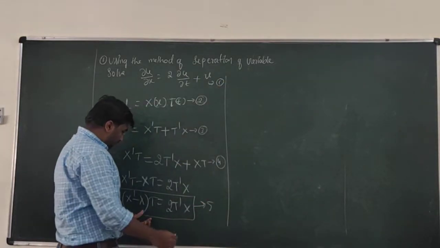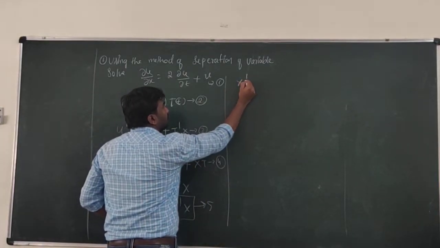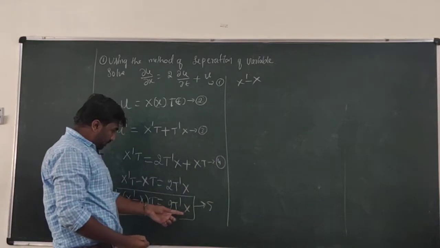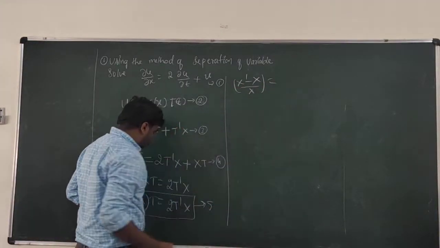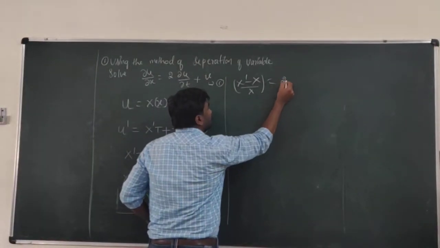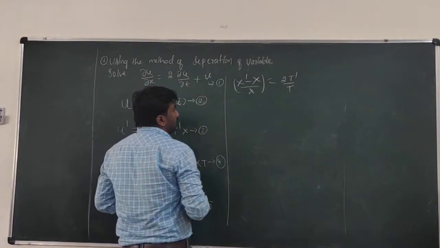Then equation number 5 can be rearranged into (X' minus X) divided by X is equal to 2 T' divided by T.